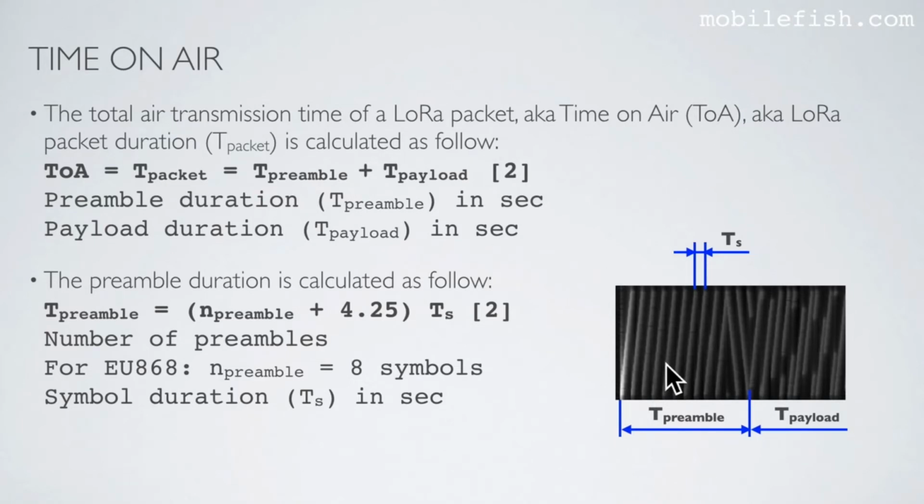This is a LoRa signal in the AU868 band, which means there are 8 symbols plus 4 1/4 equals 12 1/4 symbols. Let's check this. There must be 12 1/4 symbols. 1, 2, 3, 4, 5, 6, 7, 8, 9, 10, 11, 12 1/4.